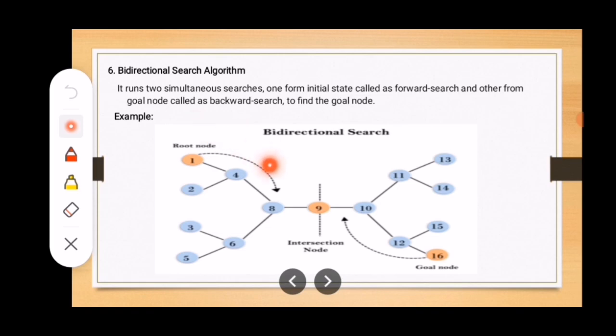So the goal node moves backward toward the intersection, and the root node moves forward toward the intersection. The algorithm terminates at node 9 where the two searches meet. So they meet at node 9.